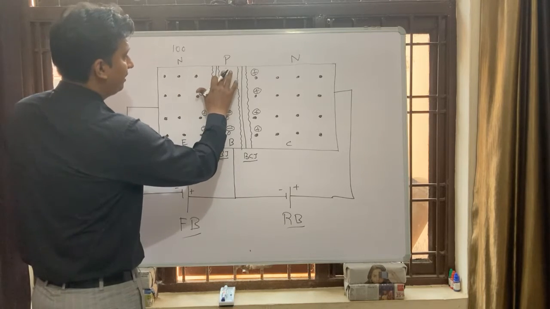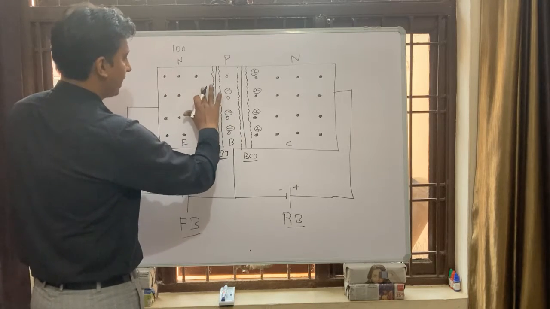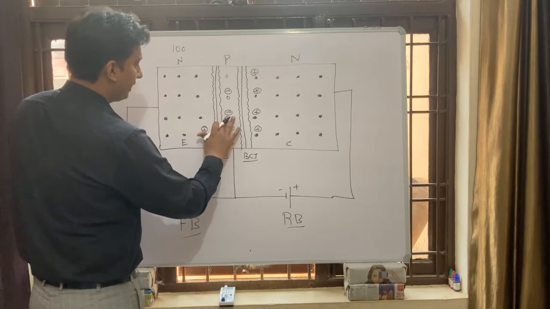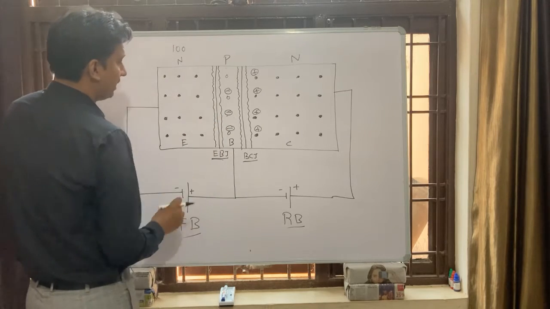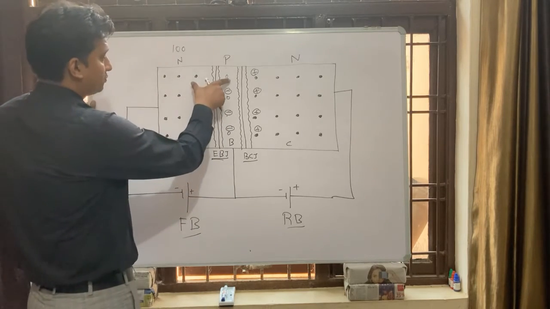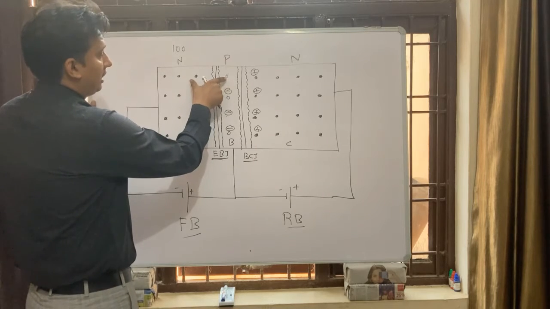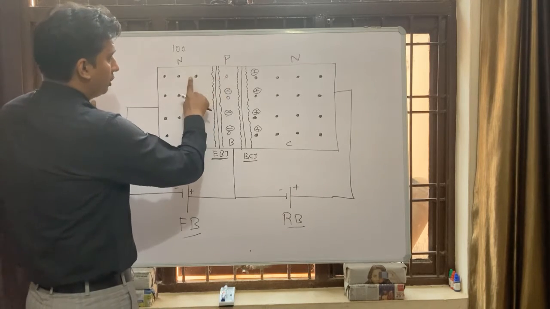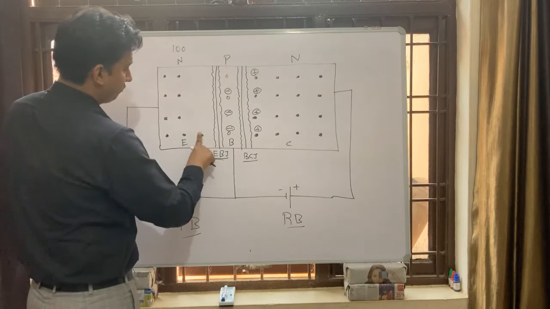The ions will get combined, so I am erasing these ions. Correspondingly, an electron and a hole pair will also combine and form a junction.